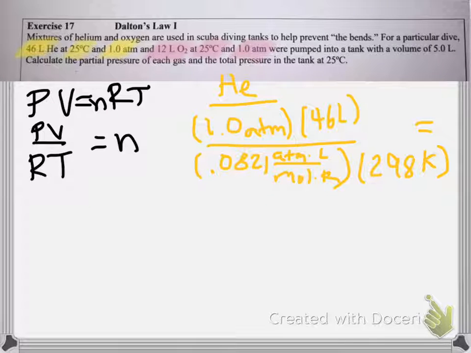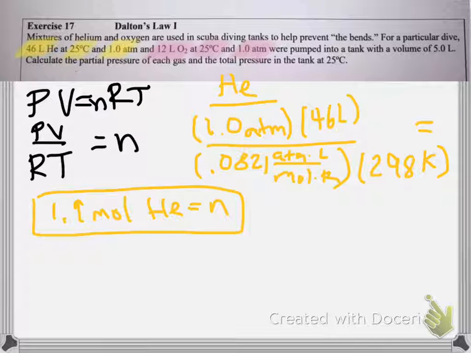So we can plug this into our calculator and we are going to get the number of moles. But remember, this is only helium. After plugging this into our calculator, we should get 1.9 moles of He. That's what n equals. That's a number that we need to remember.